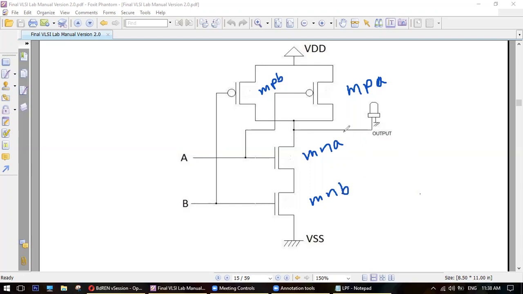By the way, there is a capacitor here as well, because the LED will not work in your simulation. Let's call it CL. This is called VA and this is called VB, because there should be a V in front of any voltage.